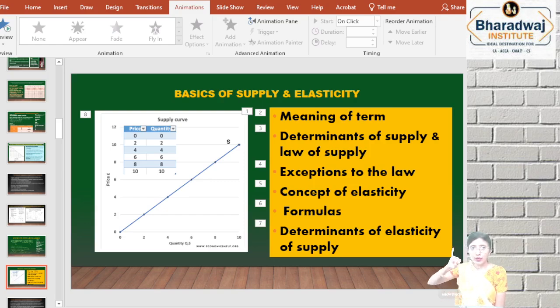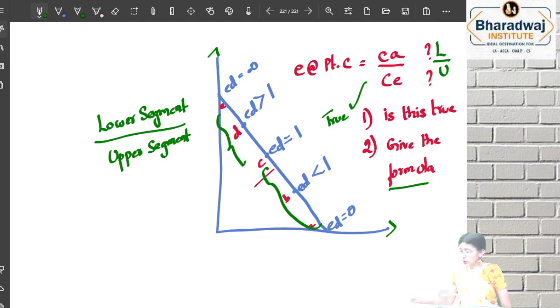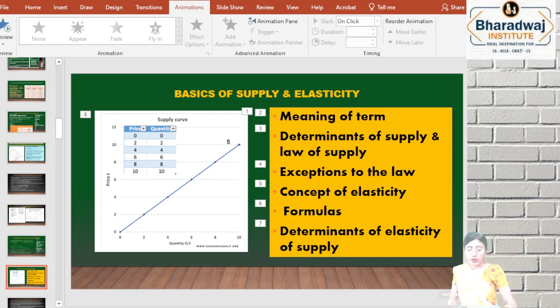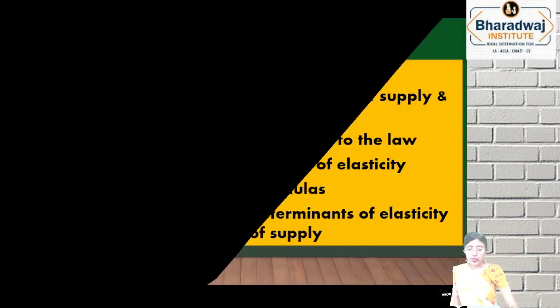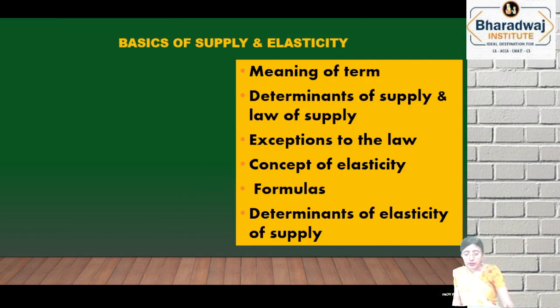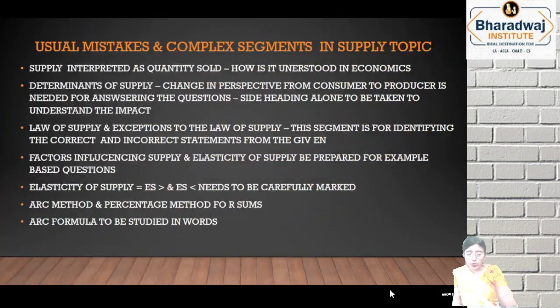We did lesson 1, DMU, lesson 2, demand, lesson 3, elasticity. Indifference analysis we will do later.